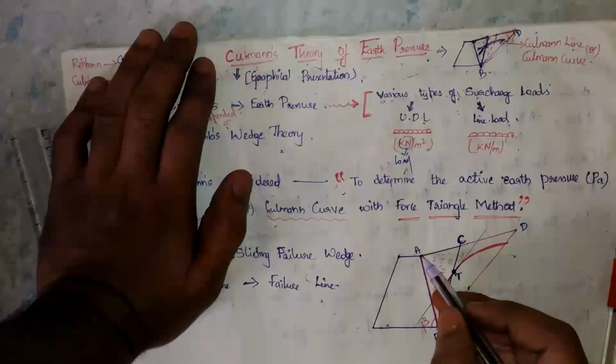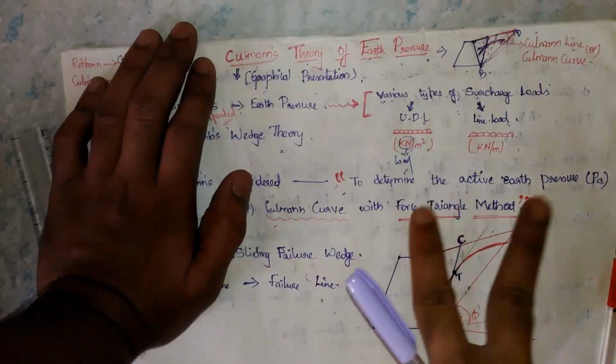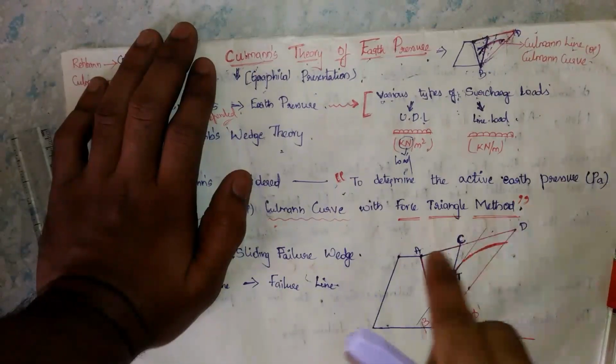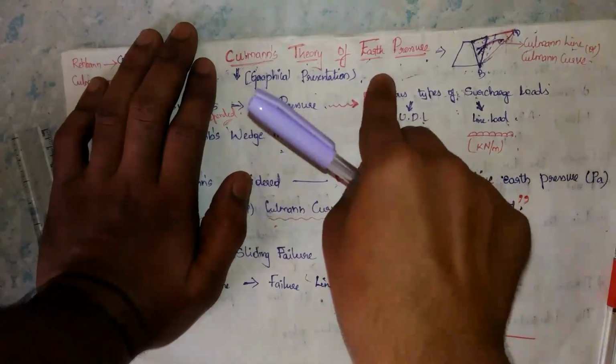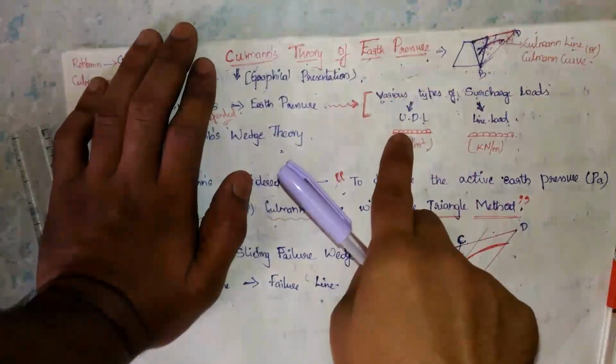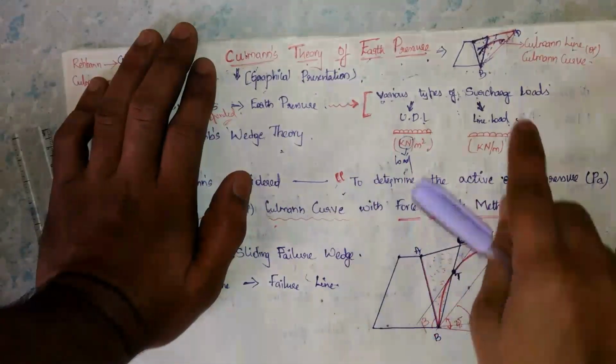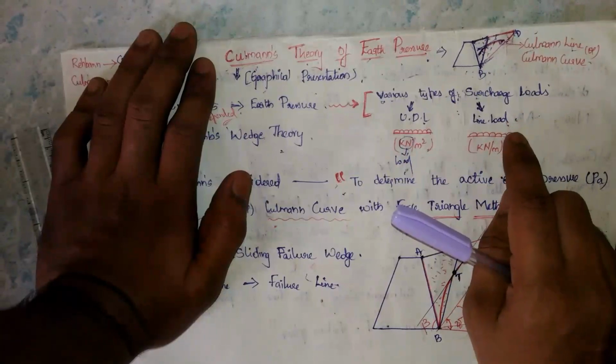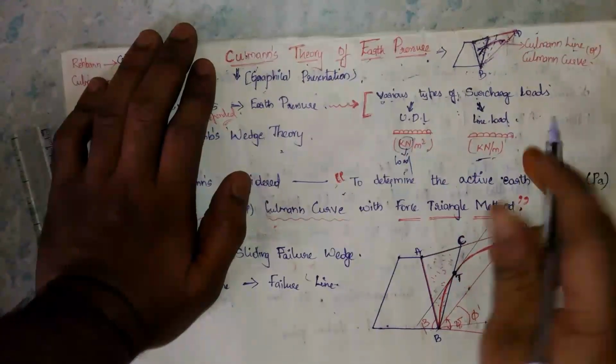The load is applied on this sliding wedge in two directions, that is the X and Y directions. That's why he has taken UDL. And next, line load. Line load is in kilonewtons per meter.